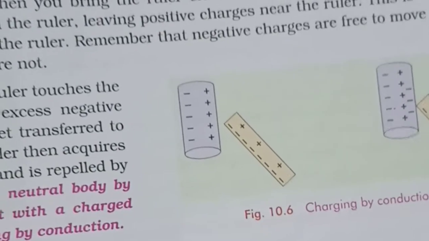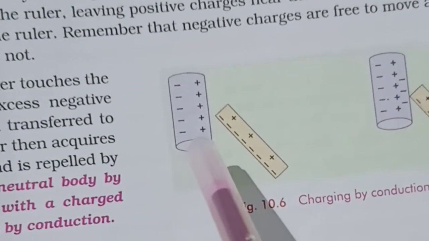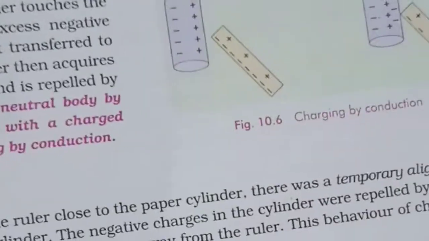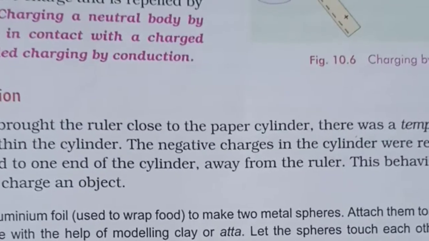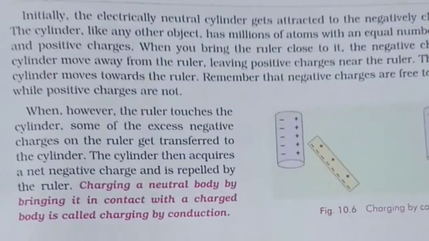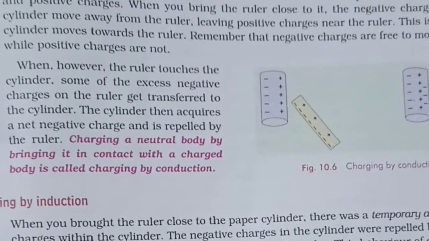This behavior of a charge can be used to charge an object. Now we are told to perform an activity. We will use some aluminium foil, that is used to wrap food.